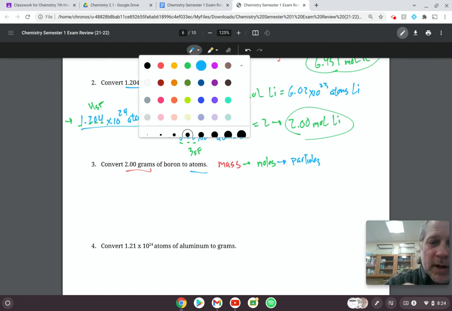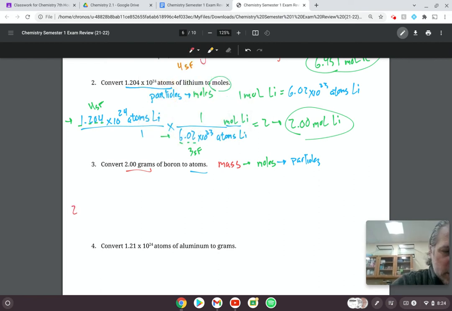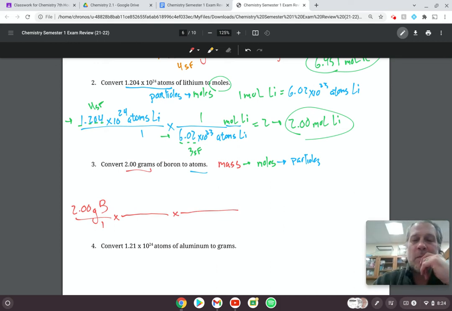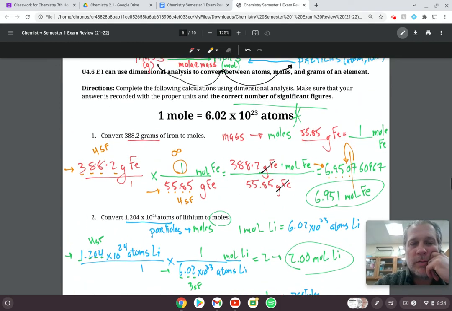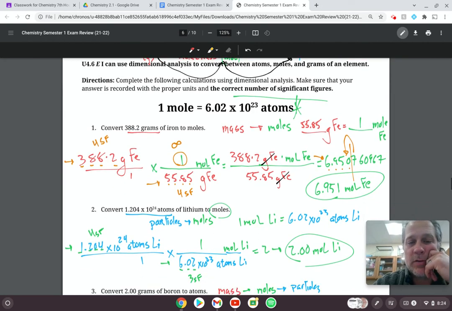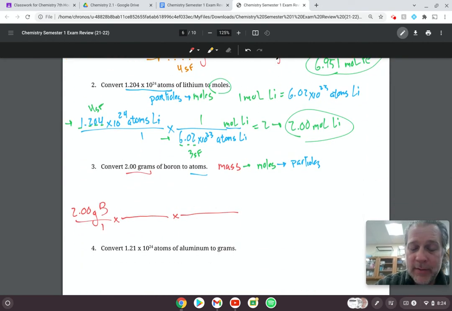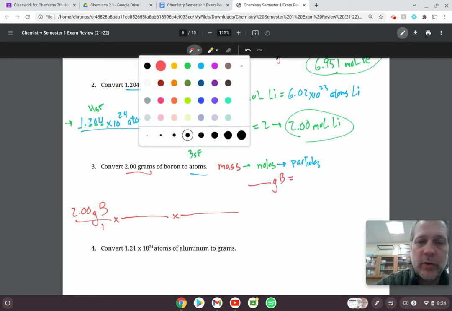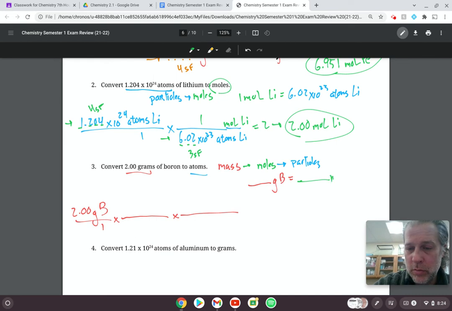So I'm going to start by taking my given, which is 2.00 grams of boron, put it over 1, and I'm going to go mass to moles, moles to particles. Now, in order to go mass to moles, according to the mole flow chart that we have up on the top, we need to use the molar mass. So I need to figure that out. So I'm going to look for grams of boron equal to moles of boron.